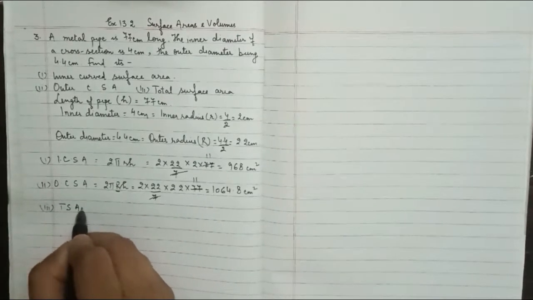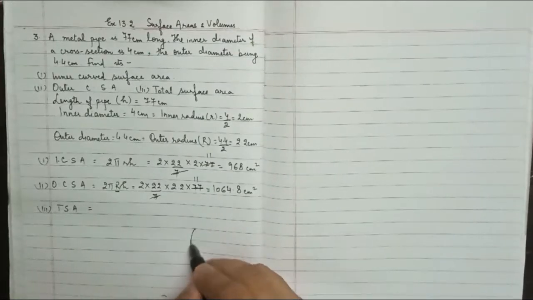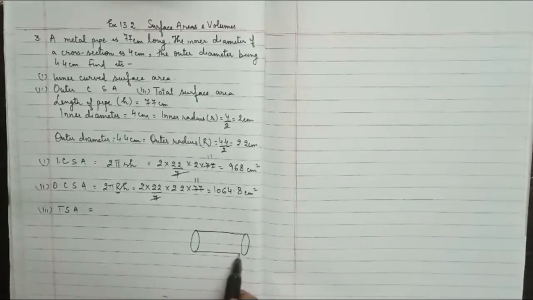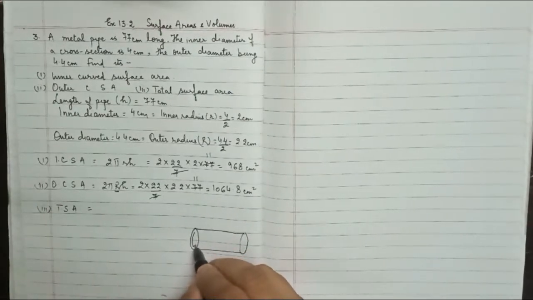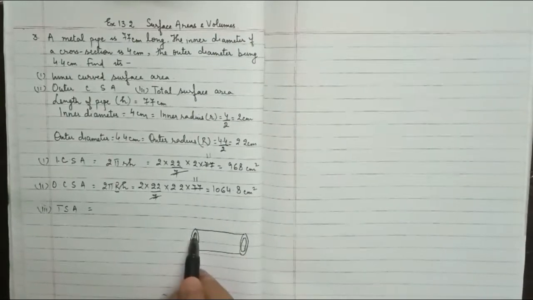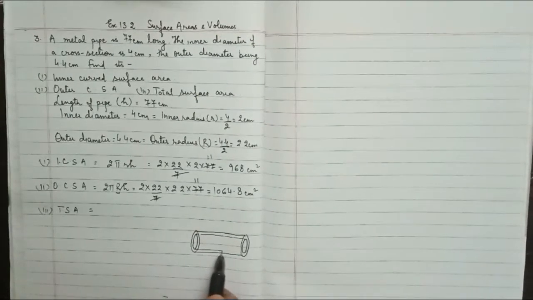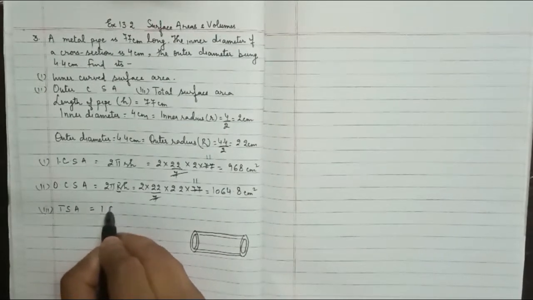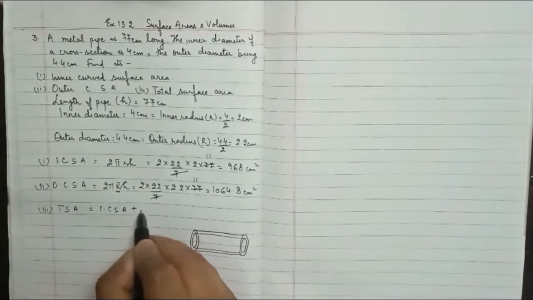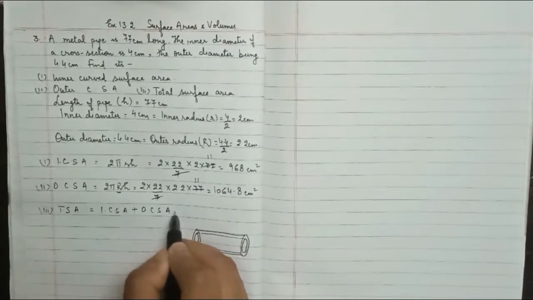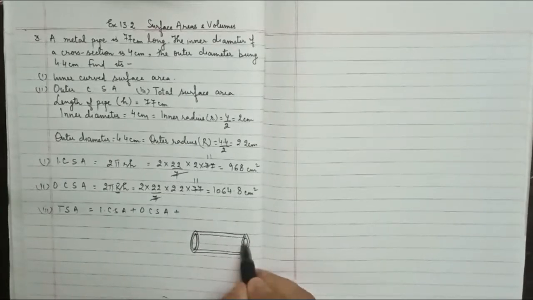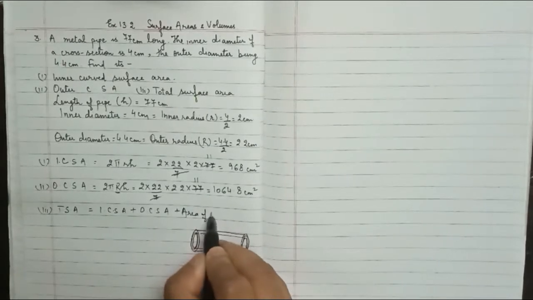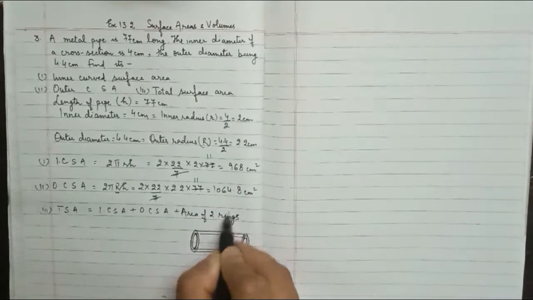Now coming to the total surface area. To find out the total surface area, what we'll do, this pipe is hollow. So this total surface area will be inner curved surface area plus outer curved surface area plus area of these two rings, that is the base and the top.